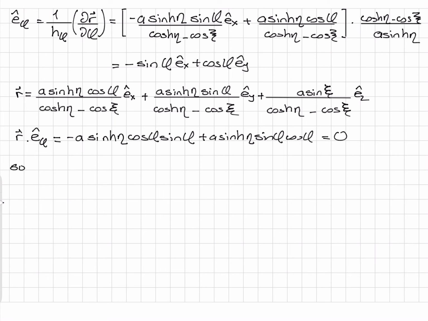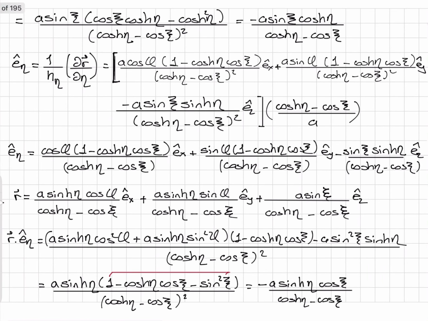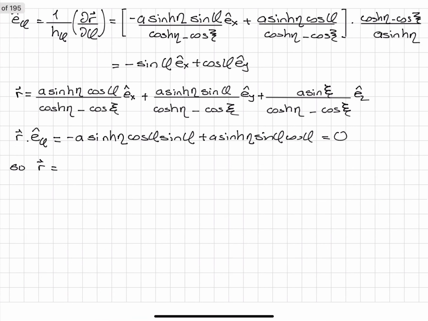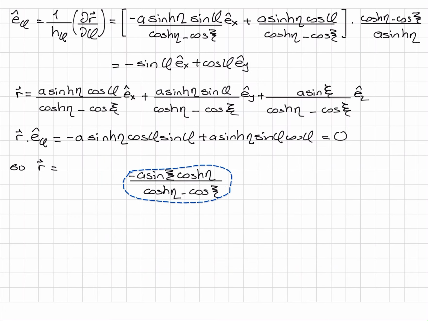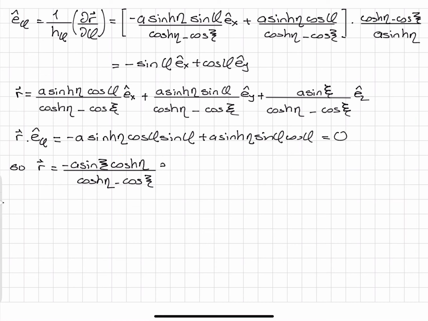So I can write my position vector, which was the question. r dot e psi hat was calculated here: minus a sine psi cosine hyperbolic eta divided by cosine hyperbolic eta minus cosine psi. This is in the e psi hat direction.